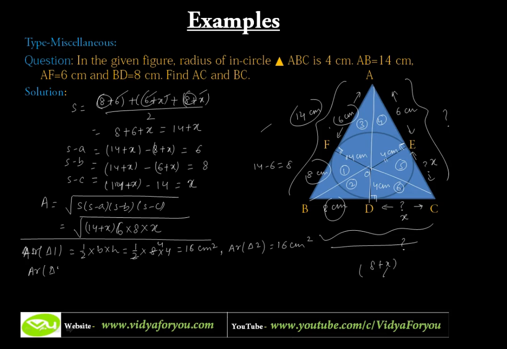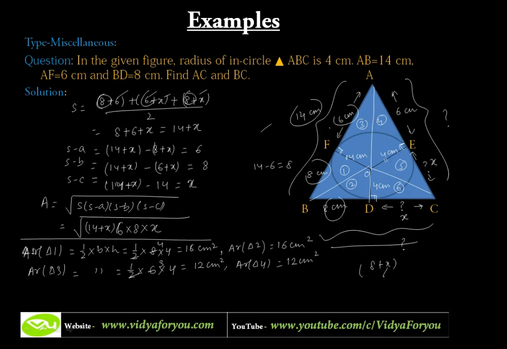Area of triangle 3, we'll use the same formula, half into base. Base you can take 6 and height again 4. 12 centimeter square. Similarly, area of triangle 4 is equal to 12 centimeter square.